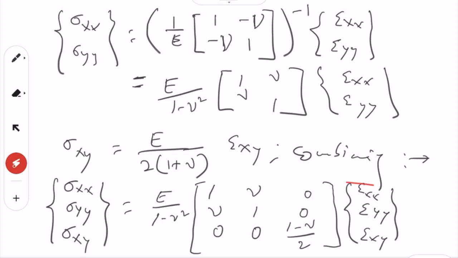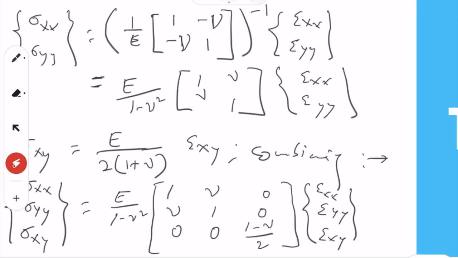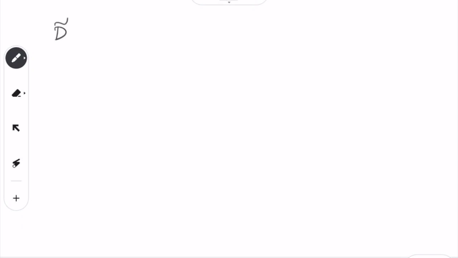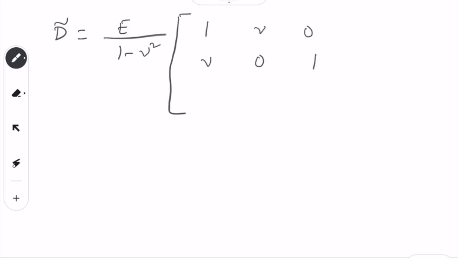So this is the D matrix basically. So what we found is 1 nu 0, the D matrix will be the whole thing like this one. So basically we can write it nicely now. D tilde will be E over 1 minus nu squared, and then we have 1 nu 0, nu 1 0, 0 0, then (1 minus nu) over 2, right.